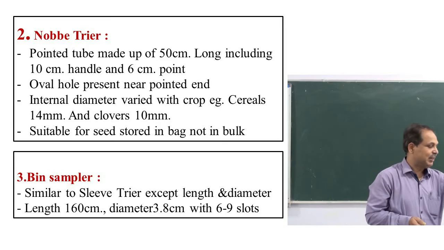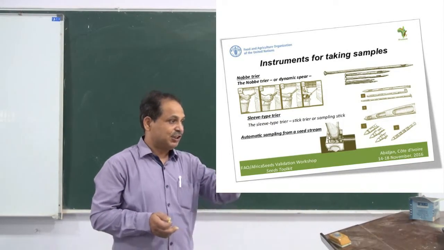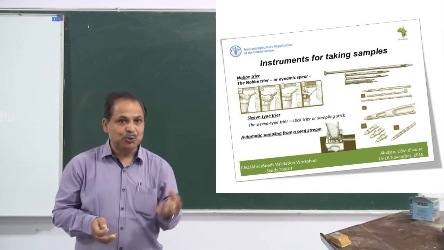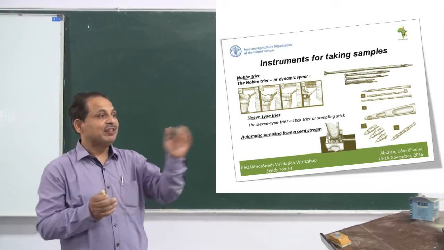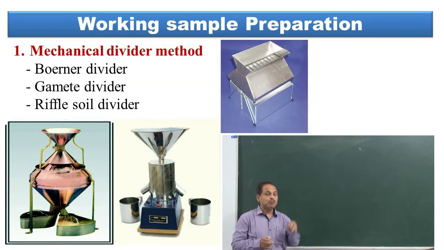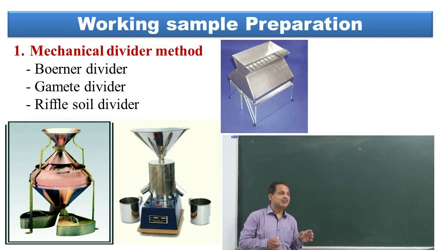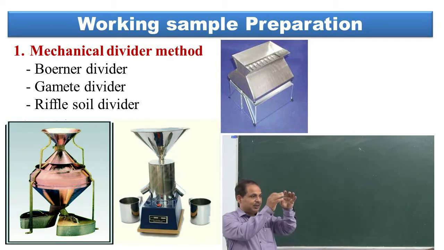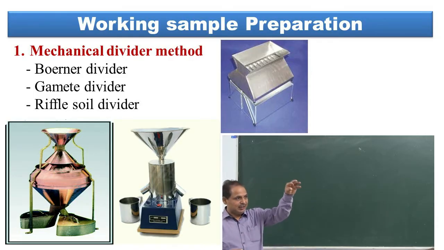We can see here the different types of seed dividers which are used in the reduction of seed samples. The first one is the Boerner divider. You can see here that it works on a conical principle.